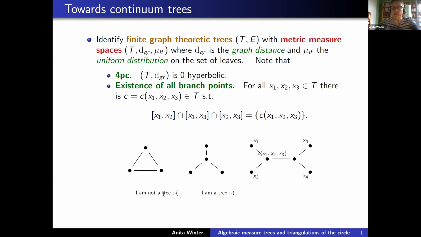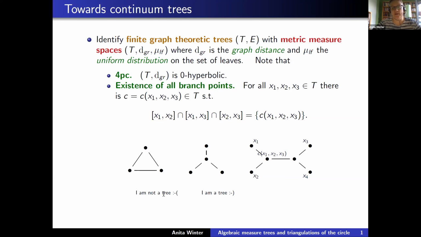What does it mean? That means that whenever I have 3 points, x1, x2, x3 in T, there exists a unique point C in T, such that C lies on all 3 paths connecting 2 out of the 3 points. You can see in the pictures below, in the first picture, only one property, namely zero hyperbolicity, is satisfied, while branch points do not exist.